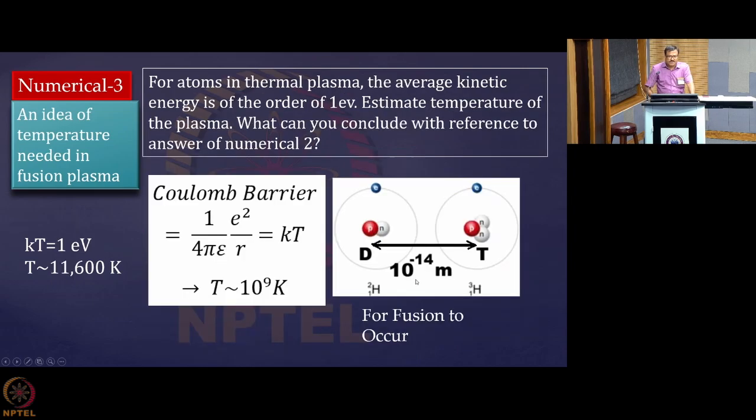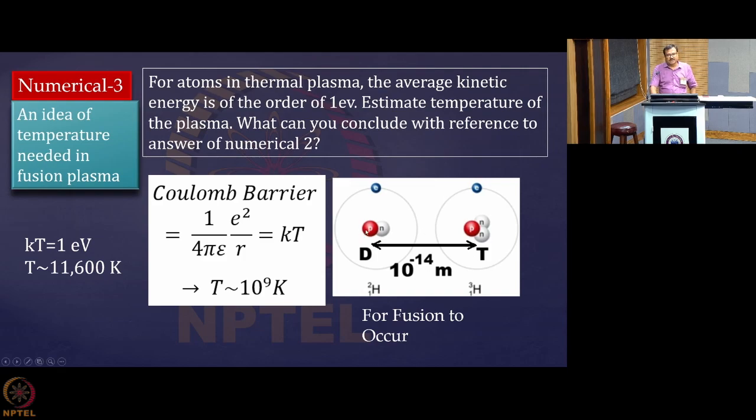So just to estimate in this case only, for atoms in thermal plasma, the average kinetic energy is of the order of eV, that you know. To estimate the temperature for fusion plasma, suppose the DT reaction is a common reaction that is targeted in fusion reactors.